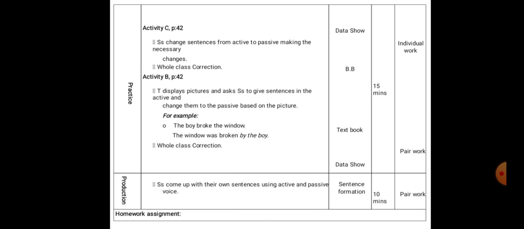At the end, we have homework assignments. You assign homework to students. So this is a kind of outline of a grammar lesson, and you can come up with your own lesson outline, but just inspire yourself with this example.